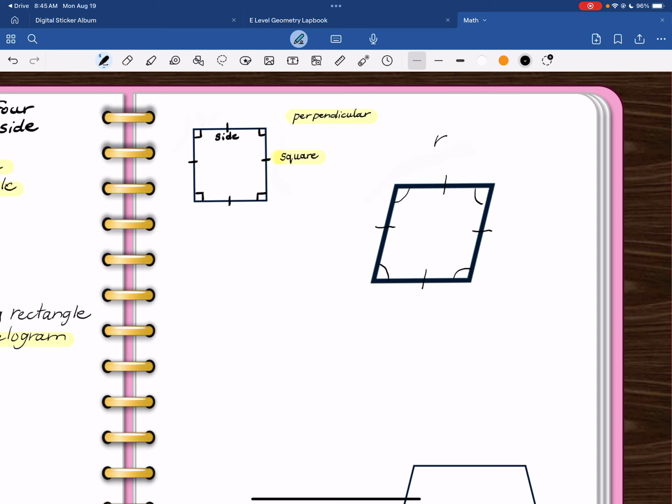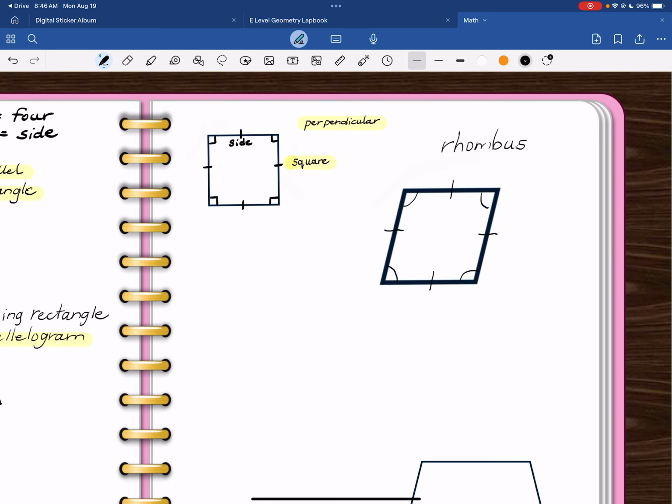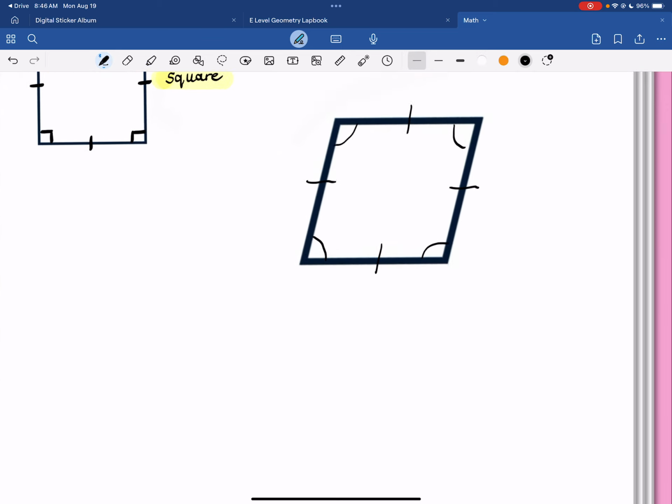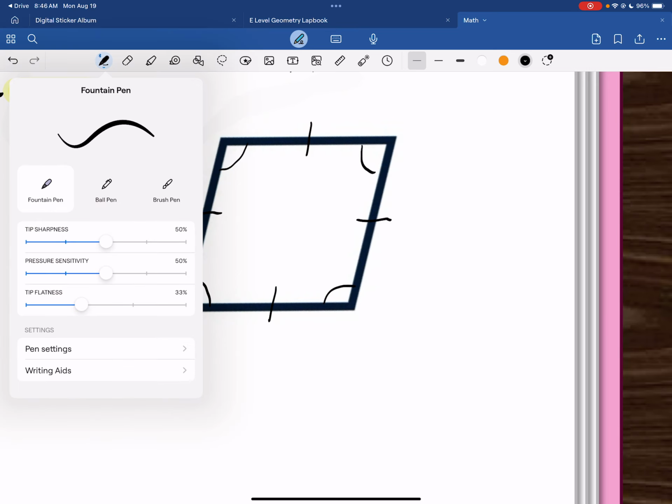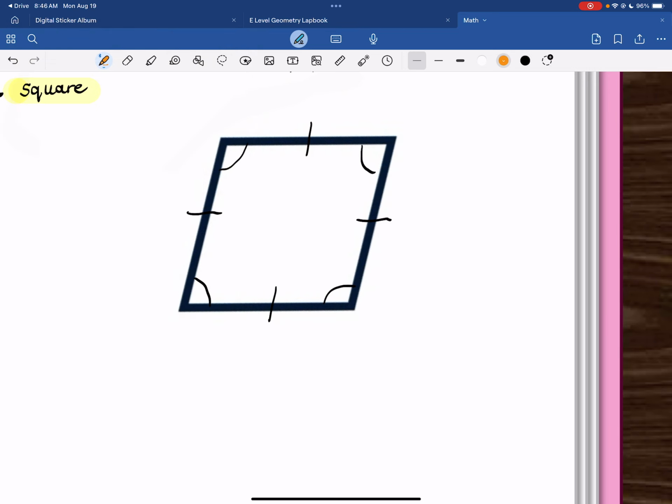This one is called a rhombus. A rhombus. It's the same concept as a parallelogram, but it's called a rhombus, and that is your vocabulary word. If you wanted the height of the rhombus, you would need to measure it not leaning. You would need to measure it in a straight line.